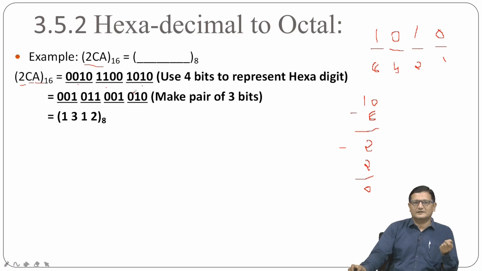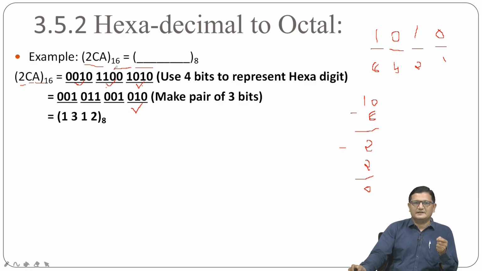So, here 1010, right, which is actually a representation of A. This is the representation of C, okay, and this is the representation of 2. Fine. Now, what we need to do is we need to make a pair of 3 bits. So, here you just see last 3 bit is what? 0 1 0. So, that we have written here. Then this 1.